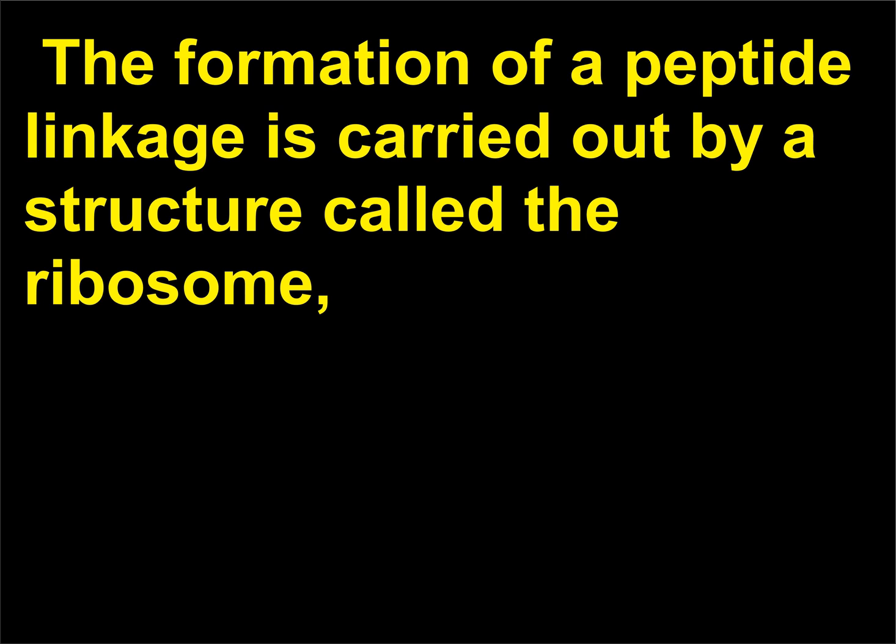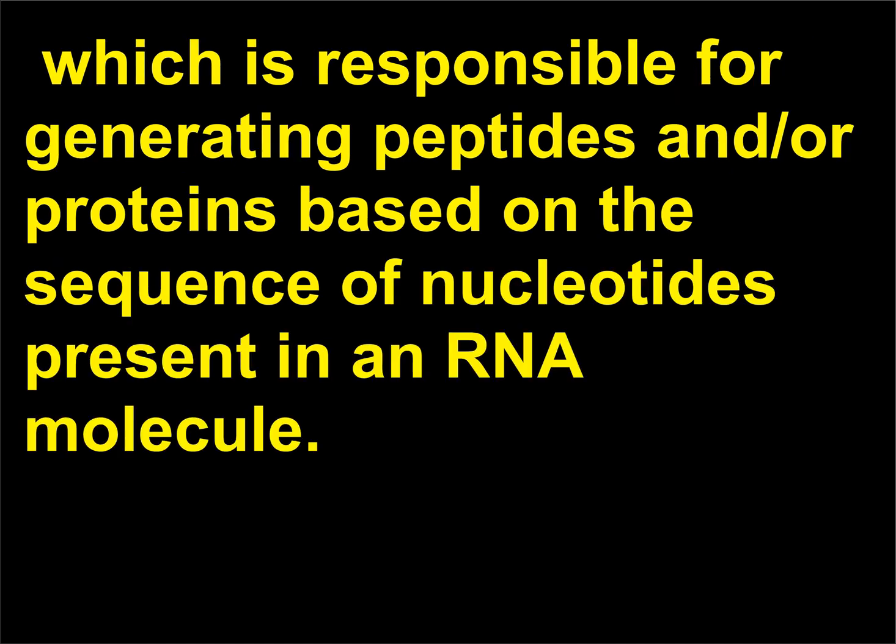The formation of a peptide linkage is carried out by a structure called the ribosome, which is responsible for generating peptides and/or proteins based on the sequence of nucleotides present in an RNA molecule. We'll get to the details of this process a little later.